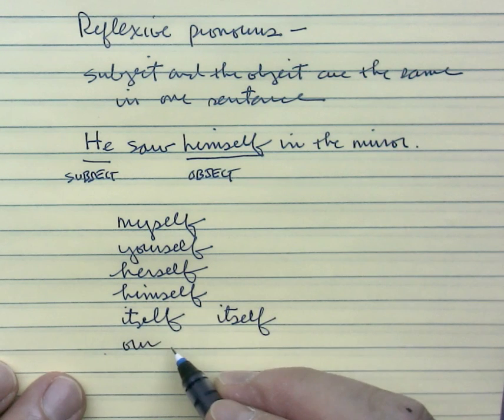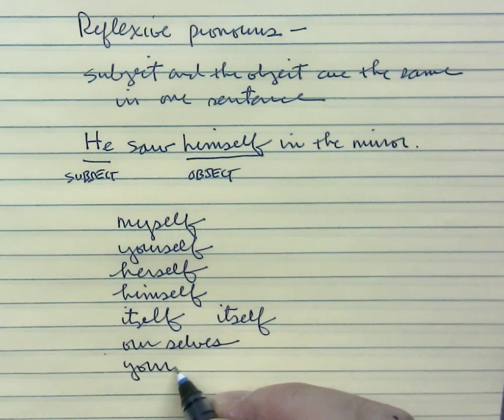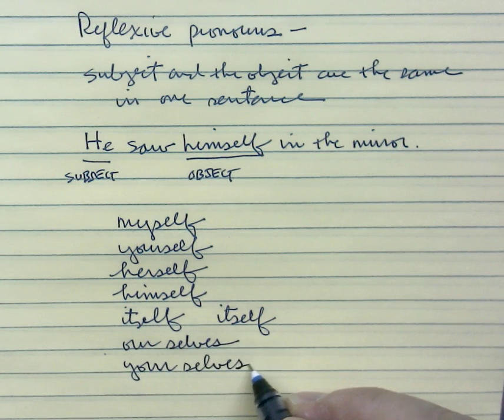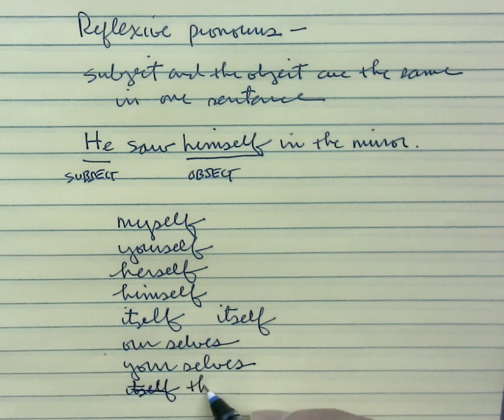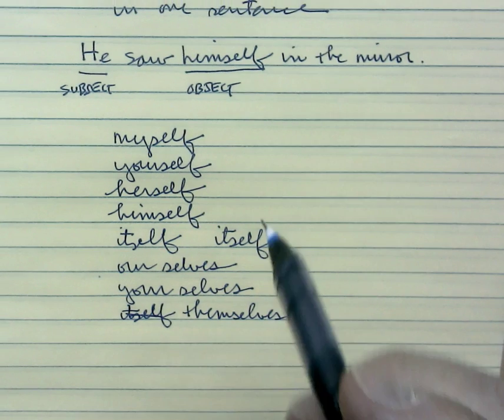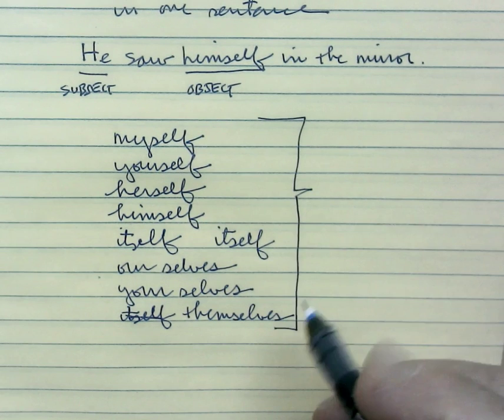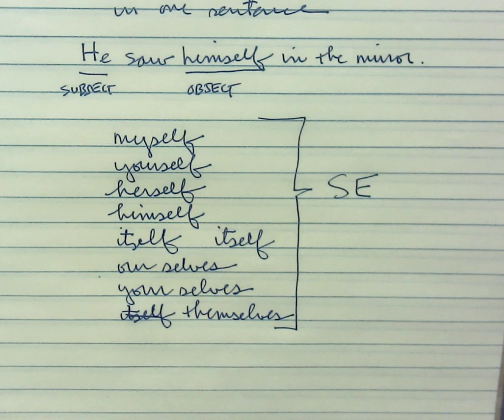And now the plurals, ourselves, yourselves, itself. Oh, I'm sorry. And themselves. Now, that's the standard. Okay, so let's put down, this is the standard English variety of reflexive pronouns.